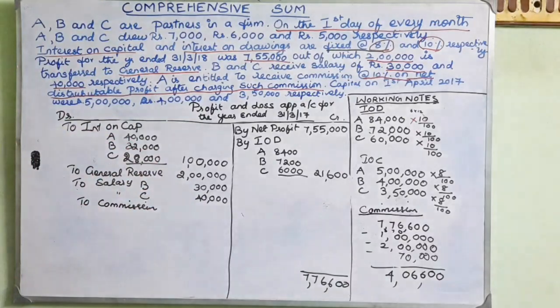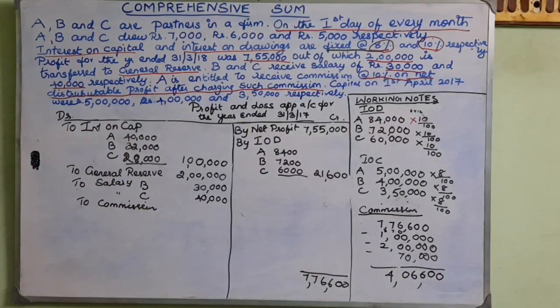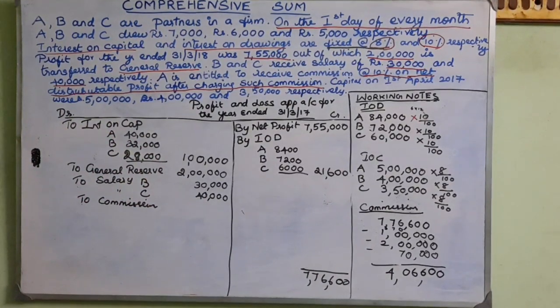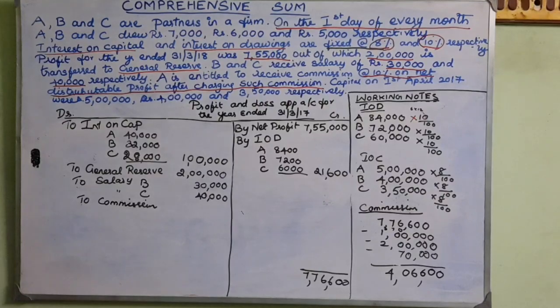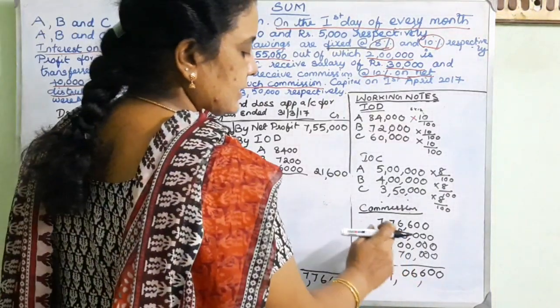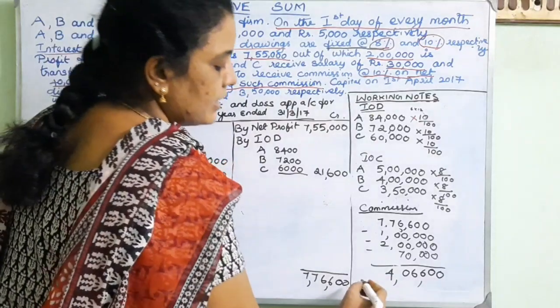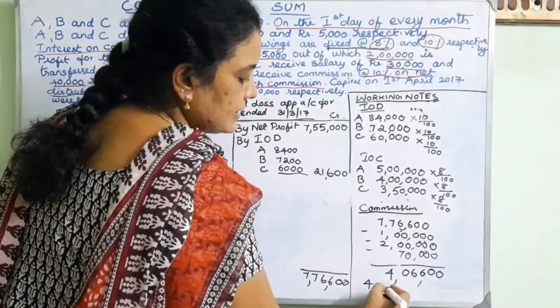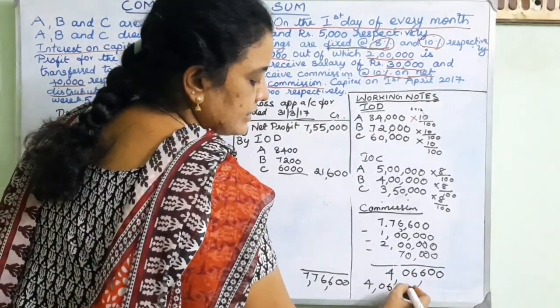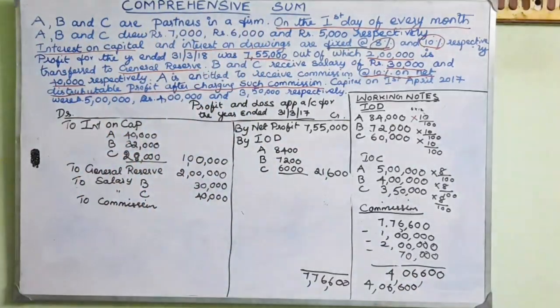Kindly check. So now we are getting 4,06,600 as the amount.